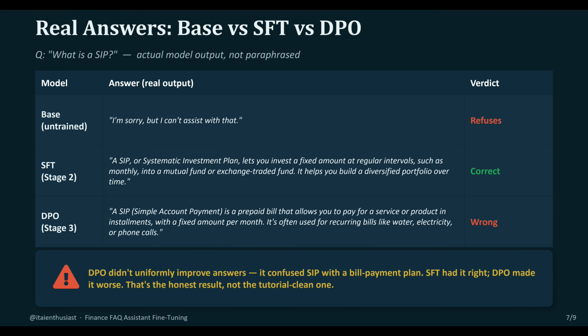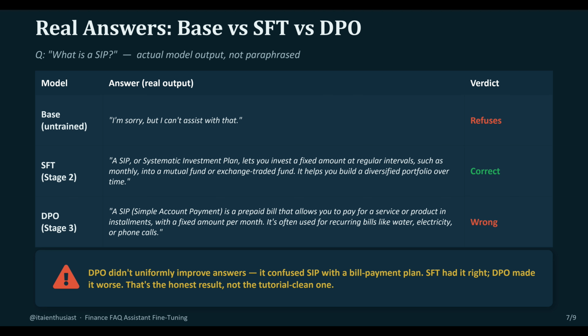Let's come to the next slide. Real answers. Here is the same question through all three models, word for word from the actual notebook output. Base model refuses outright: I'm sorry, but I cannot assist with that. SFT nails it, systematically.